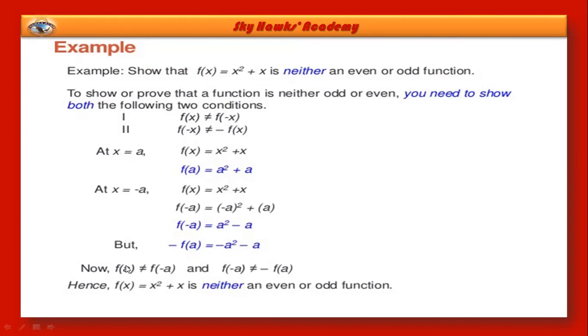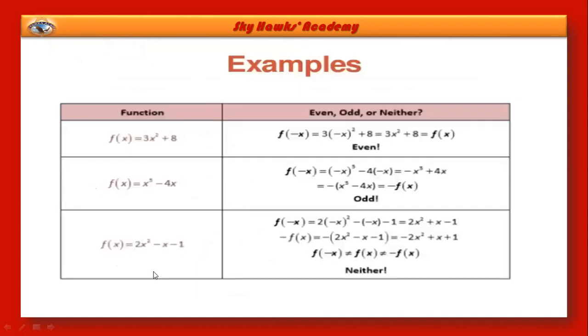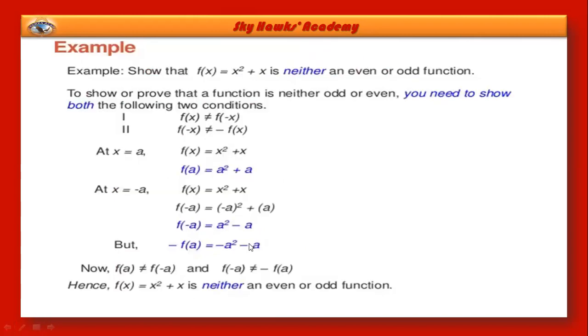So f(a) is not equal to f(-a), and f(-a) is not equal to minus f(a). Both conditions are not satisfied. Look at this. This is f(a), this is f(-a), and this is minus f(a). These three lines are totally different. So that's why we can say it is neither even nor odd.